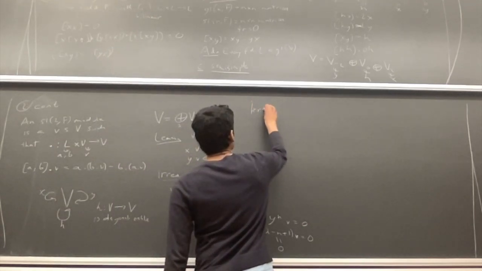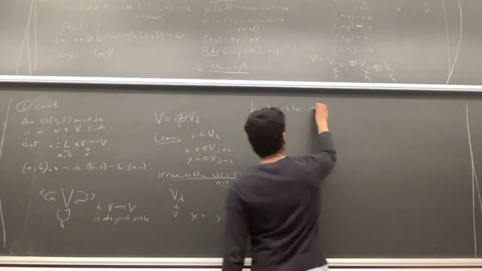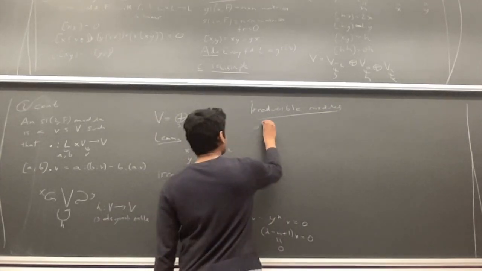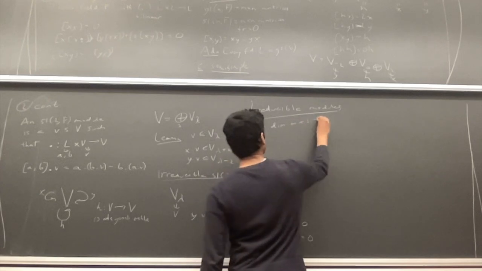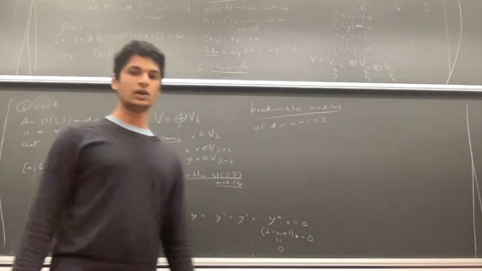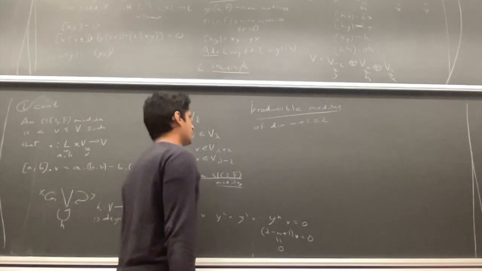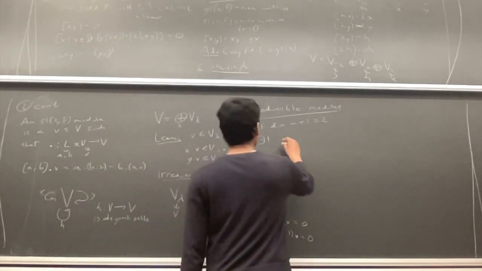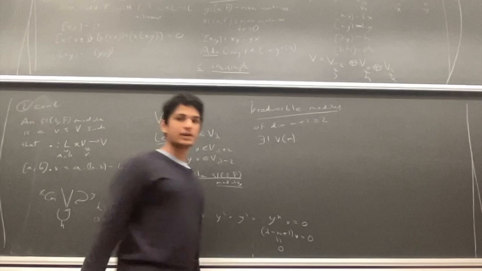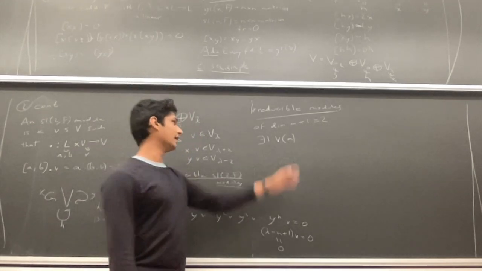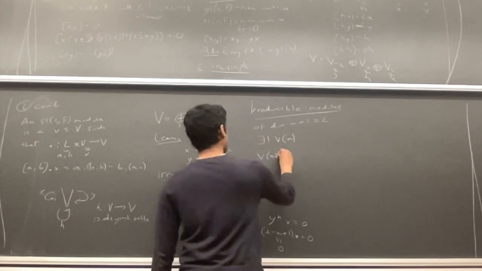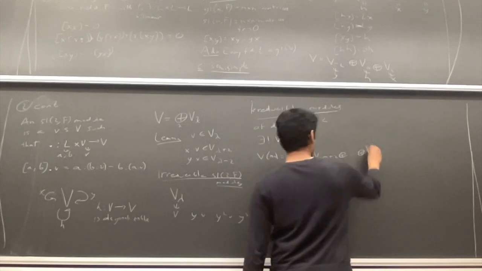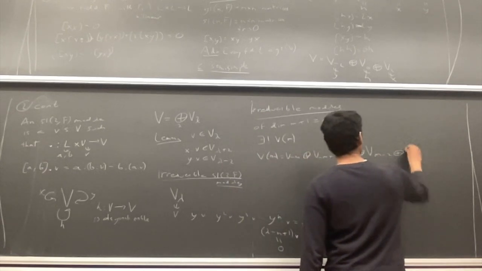So let's write our result. The result states that for each dimension n plus 1, which is at least 2, there is going to be a unique irreducible module, which we call V_m. And V_m can be written as V_(-m) plus V_(-m+2), and we're going to keep adding 2's until we get to V_m.